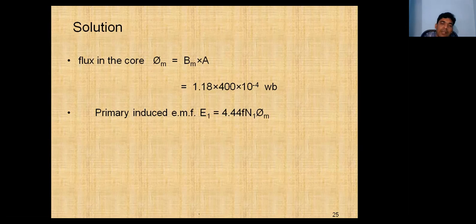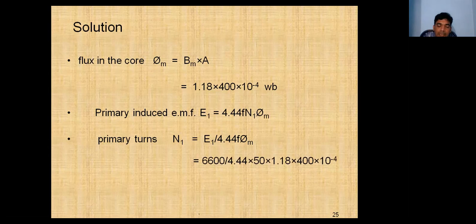Primary induced EMF E1 is equal to 4.44 F into N1 into phi m. Primary turns N1 is equal to E1 by 4.44 into F into phi m. It is equal to 6600 by 4.44 into 50 into 1.18 into 400 into 10 to the power of minus 4. It is equal to 630.